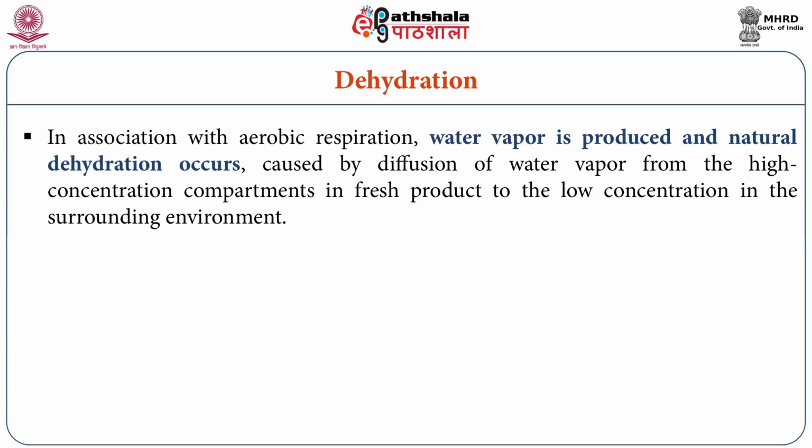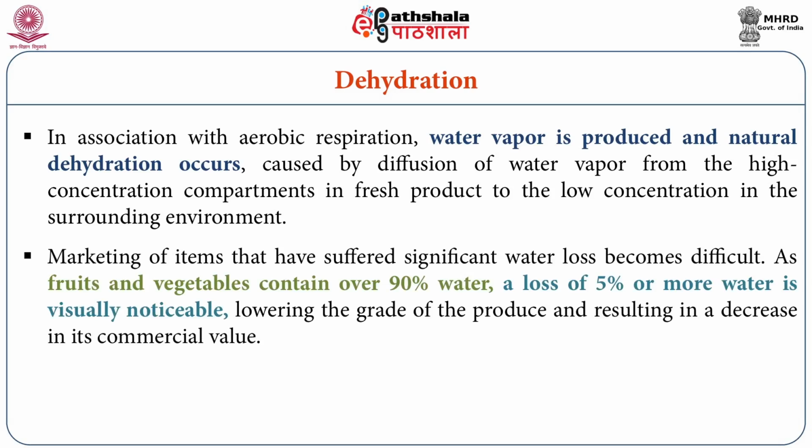Dehydration is another way of degradation. In association with aerobic respiration, water vapor is produced and natural dehydration occurs, caused by diffusion of water vapor from the high concentration in the fresh product to the low concentration in the surrounding environment.